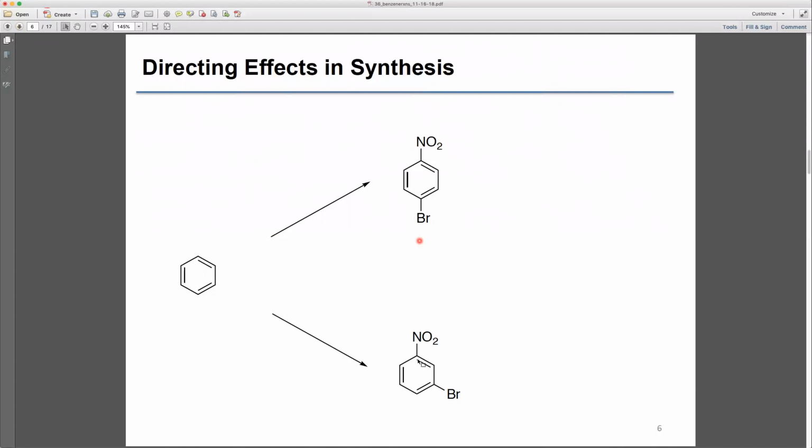One relationship is para, one relationship is meta. Let's say you want to make the para product here. Which group are you going to add first?